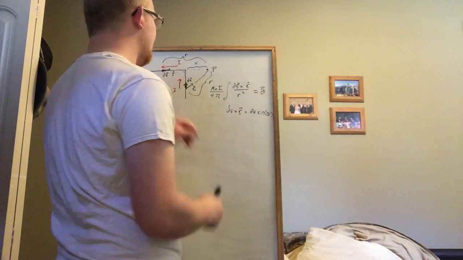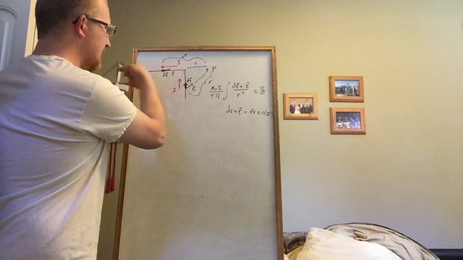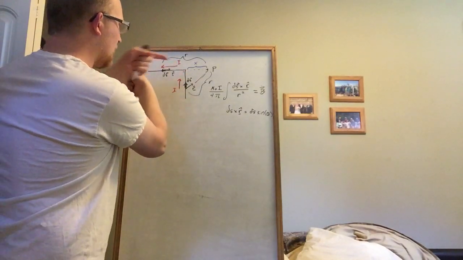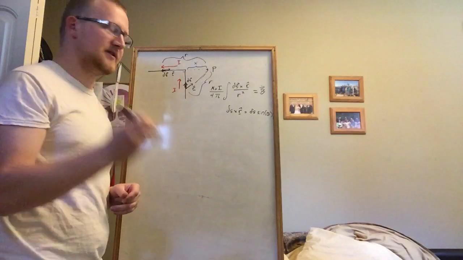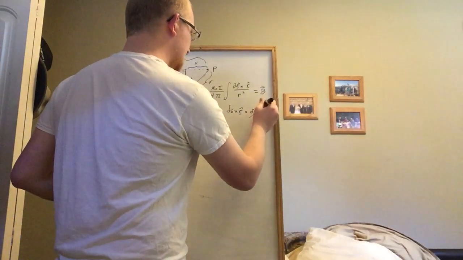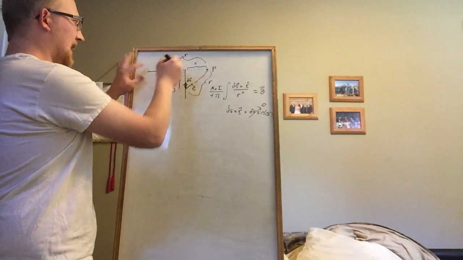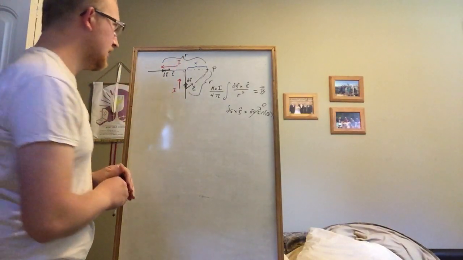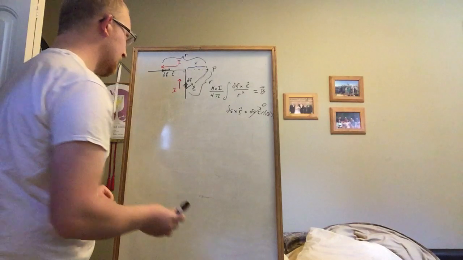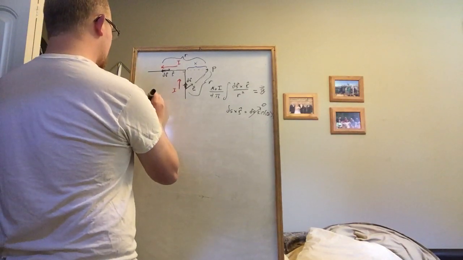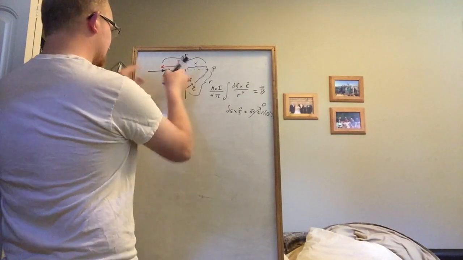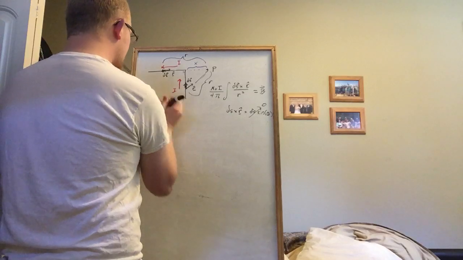So ds sine of 180, because ds is pointed that way and r hat is pointed that way, that's 180 degrees, and sine of 180 is 0. We've now proven that this whole length of wire has a 0 contribution to the B field at point P. So B caused by this length of wire is equal to 0.